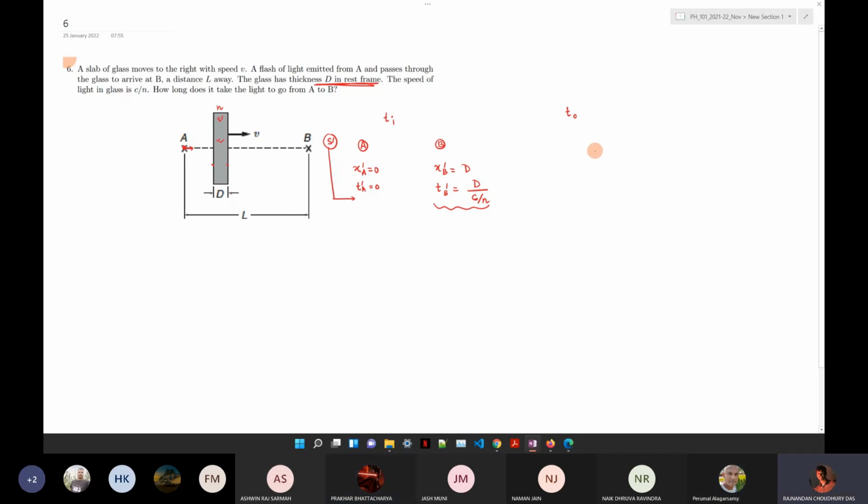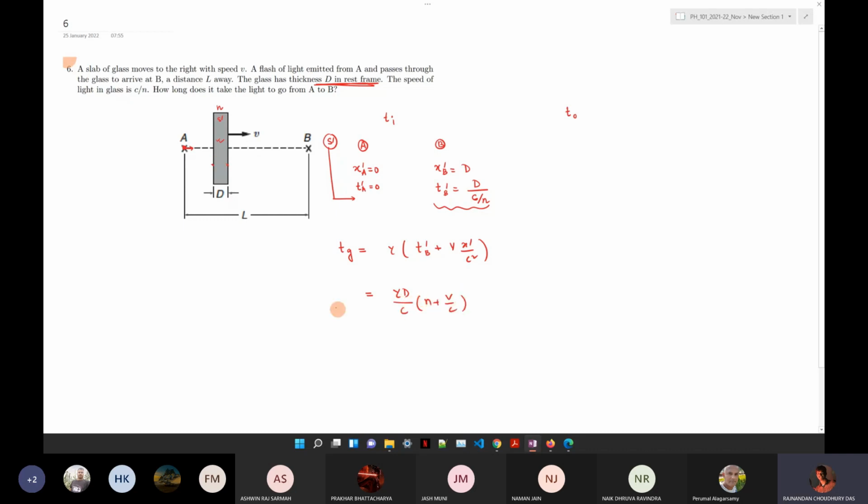Yes. So now if we see from outside, then the time taken will be equal to gamma times (t' plus v x' by c squared). So from here we can get that the time spent by the light as seen from S will be gamma d by c (n plus v by c).